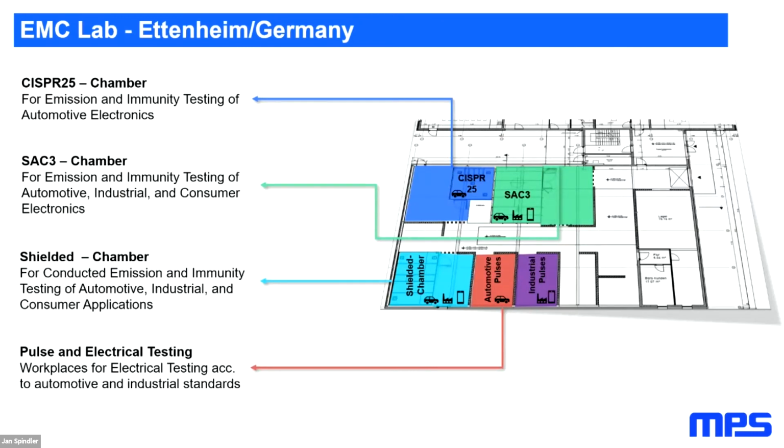We built this lab for industrial with a 3-meter chamber, with automotive chambers, and full compliance with a shielded chamber for analyzers, automotive test pulses, and electrical testing as well, which is quite important for us. And also all the industrial pulse testing, this is not installed, but it is in plan.